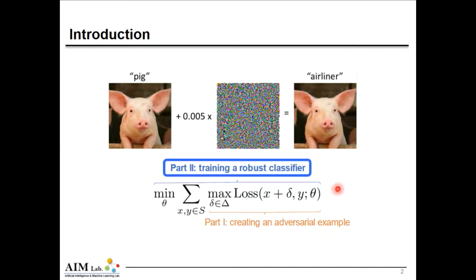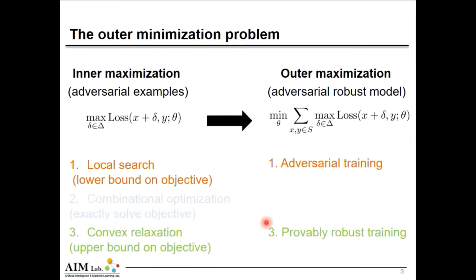The strategies for creating adversarial examples that we mentioned lead to methods for training robust models. We focus on methods for solving the inner maximization problem of a perturbation, that is, finding the solution to the following problems. We have mentioned some strategies for the inner maximization problem, and they are for creating adversarial examples.